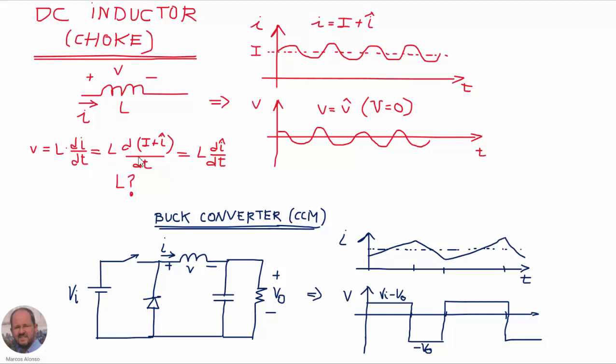So in this case, we can substitute the current in this way. So at the end, the voltage is going to follow this expression here. The voltage is equal to the AC component and is equal to the inductance times the derivative of the AC component of the current with respect to time.